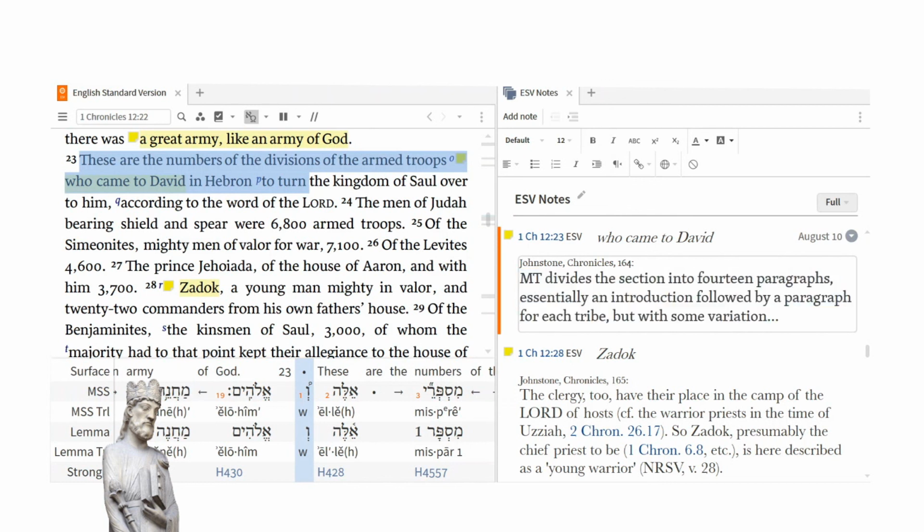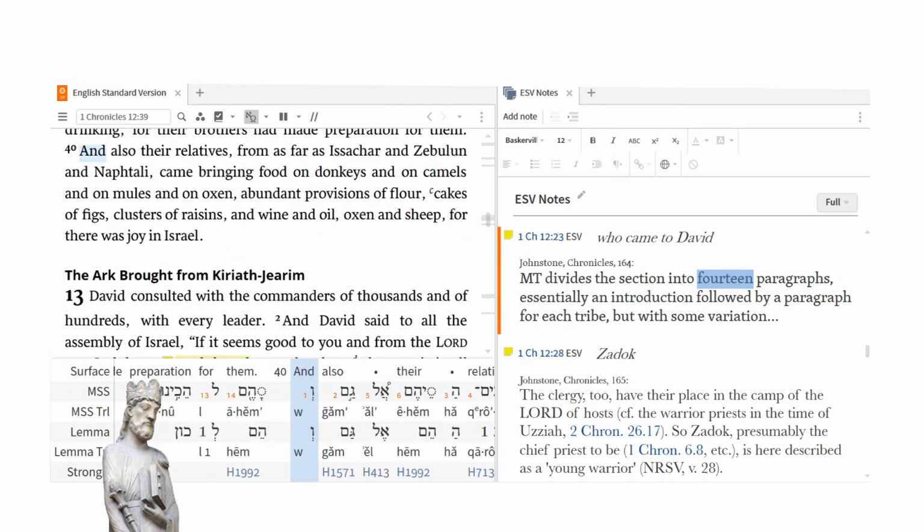And I note this only because if you've followed any of the previous videos, specifically the genealogy one, the number 14, associated with people defecting over to David, that should make your ears perk up, because 14 is the numeric value of David's name. When Matthew does a triple 14 structured genealogy of Jesus, it may not be unprecedented what he's doing there, because it may actually have precedence specifically here, but maybe not, but it is worth thinking about.